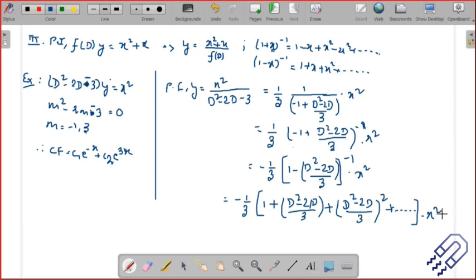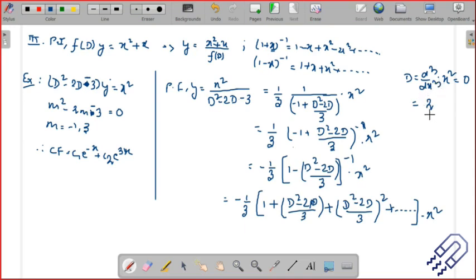Before I proceed, think about one thing: d is d by dx, so d square is d square by dx square. For x square, d by dx of x square is 2x, and then again d by dx gives 2. But if it becomes d cubed, the answer will be 0.